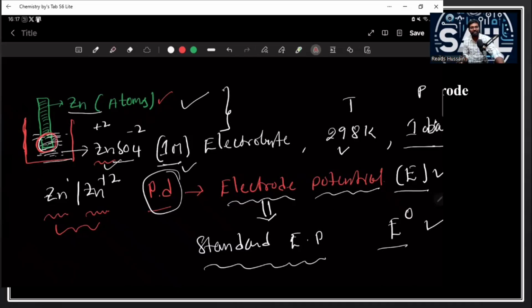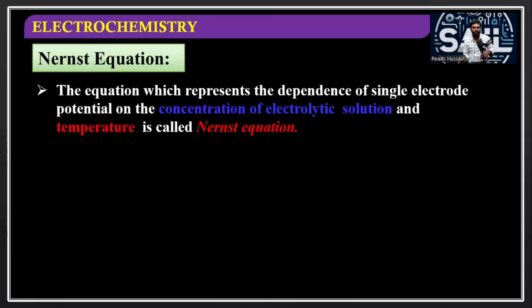The Nernst equation can also be defined as an equation which gives the relationship between the molar concentration of electrolytic solution and temperature. That's the Nernst equation. Dear students, please note down all these points one by one.